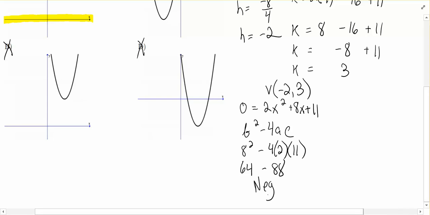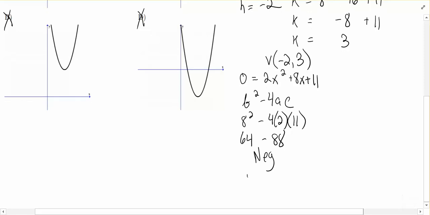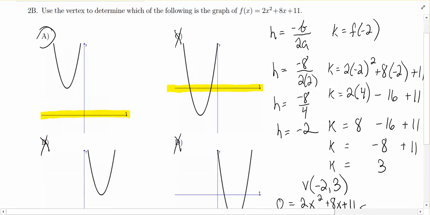All we care about is that it's negative, which means as you solve the quadratic formula, and you have a negative underneath the radical, your answers to the quadratic equation are not real. So there are not any real solutions to this equation. In terms of the graph, what this tells us is that we don't actually have any x-intercepts. We don't actually cross through the x-axis, which helps us to verify that the answer is in fact A.